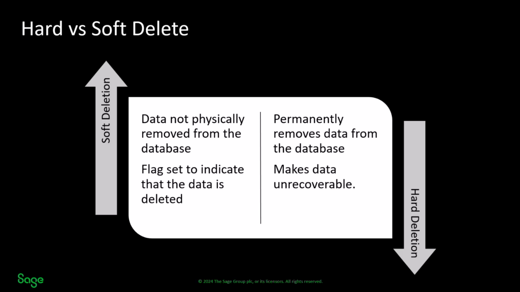Sage CRM's design is anxious about the nature of data recovery and accidental or malicious removal of data. So it prefers to use soft deletion. But this can pose data privacy risks if the data is not securely stored or recovery procedures are not properly implemented.